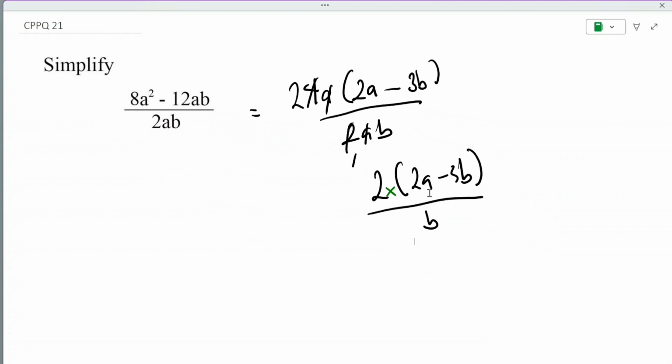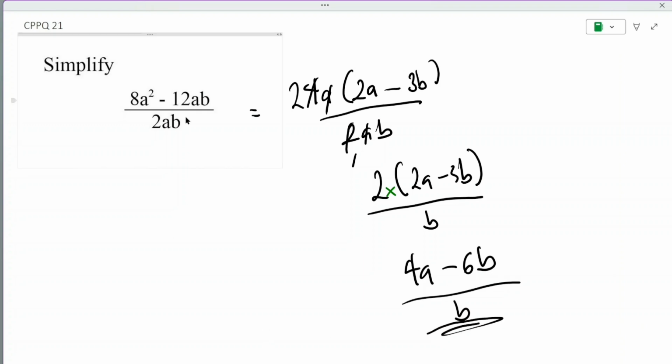This 2 affects both the 2a and the minus 3b. So 2 times 2a will give you 4a minus 2 times 3b. 2 times 3 is 6 with the b, 6b over b. This is actually your final answer. 4a minus 6b over b. This is the final answer. You can't do any other thing to it.